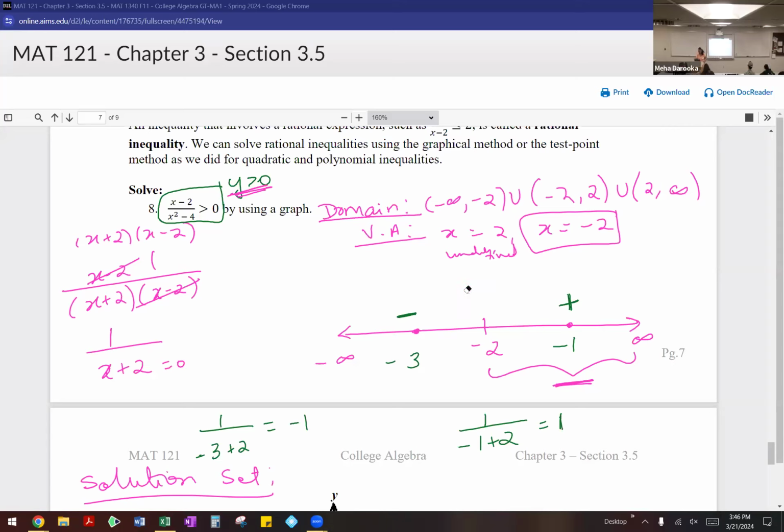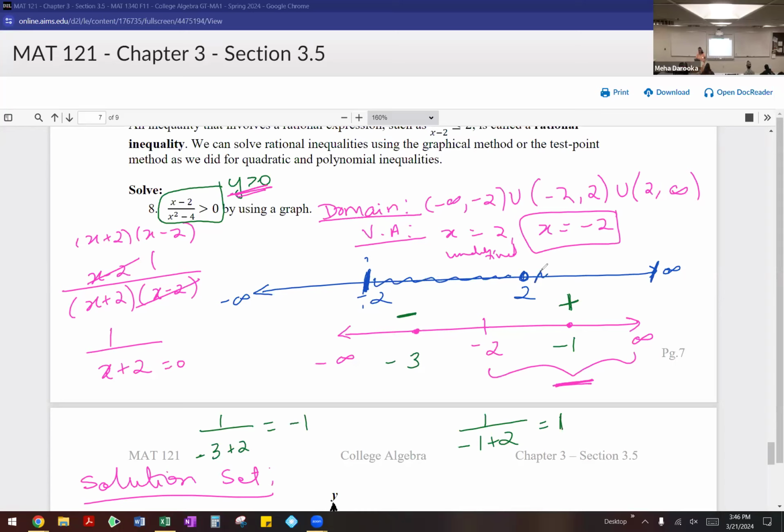How about if we take this number line and expand it out? Of course, -2 and 2 are the two numbers we said we cannot use. We know there's a vertical asymptote here, but we also know there's an open circle at 2, because that's where it's undefined. So if we use the interval from -2 to infinity, I can use everything between -2 and 2, but I cannot use 2 because that's where my open circle is.